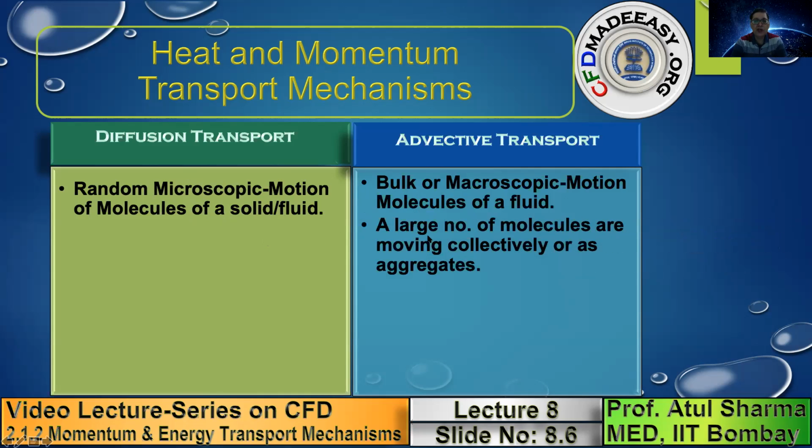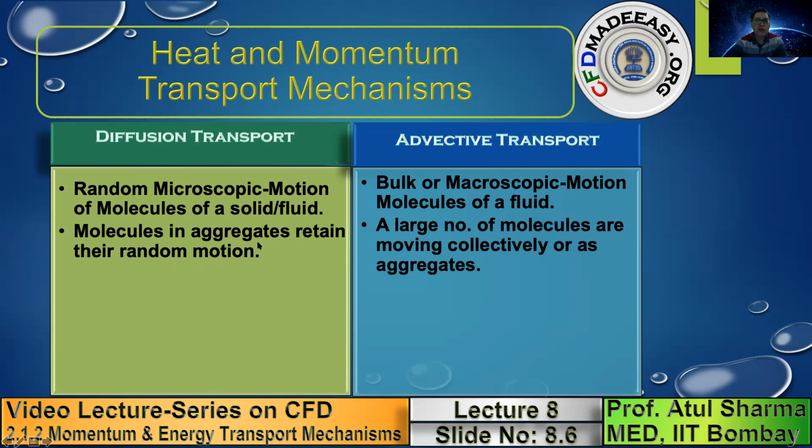In the bulk motion, a large number of molecules are moving collectively, as aggregates. When the molecules are moving in aggregates, you cannot stop the random motion of the molecules. Even when a large number of molecules are moving together, at the onset of flow, the molecules in aggregate or bulk motion retain their random motion.